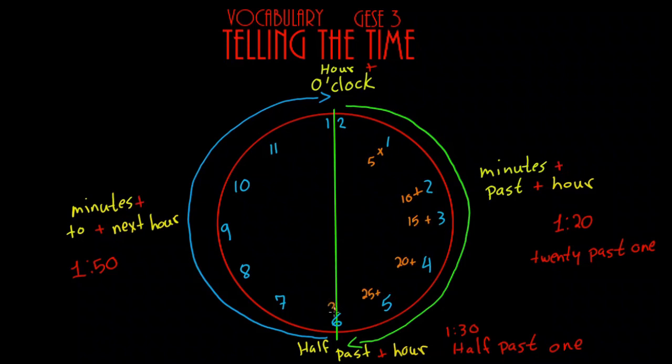And this is 30. And when it gets to the 30, then we start subtracting 5. So this is minus 5, that's 25. Another minus 5 is 20. Another minus 5 is 15. Another minus 5 is 10. And another minus 5 is 5. And of course, this is the 0 point.